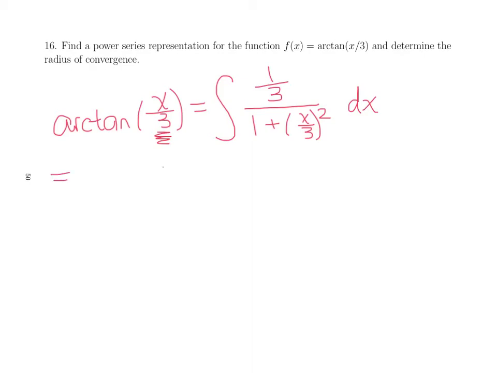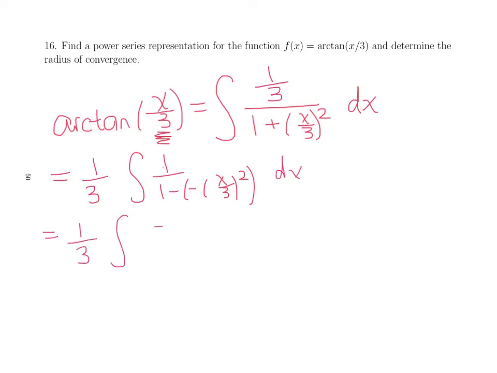Hopefully that's recognizable. We can take the 1/3 out, and now we have 1 over 1 minus negative x over 3, that whole thing squared. If we want to turn that into a power series, we're integrating the sum of negative x squared over 9, or we can say 3 squared, to the n.